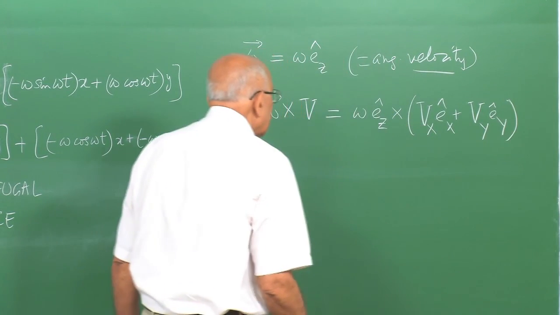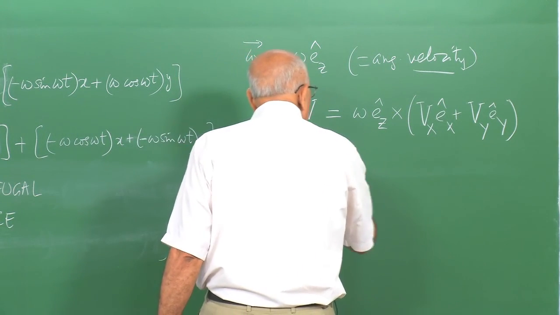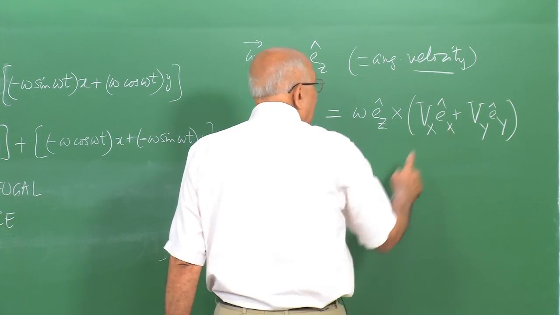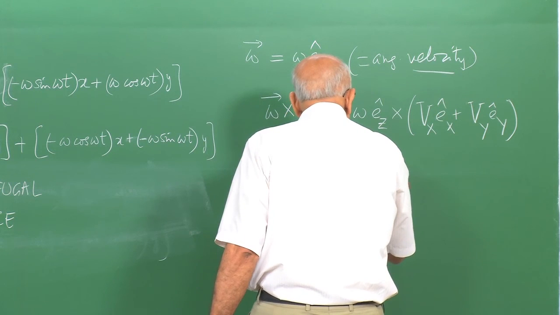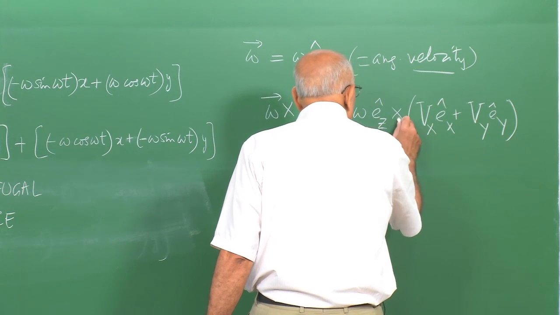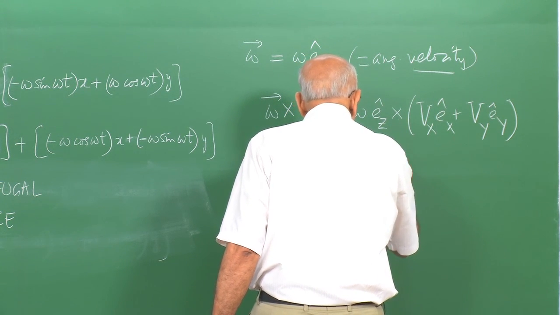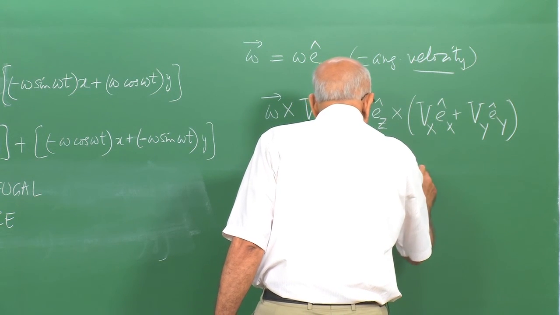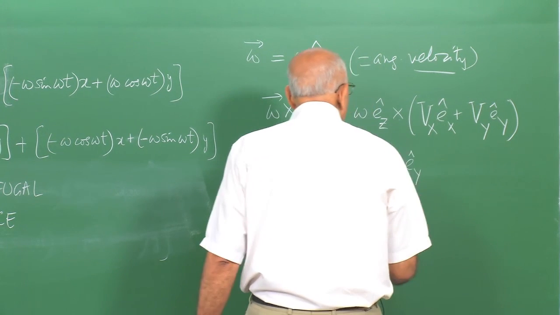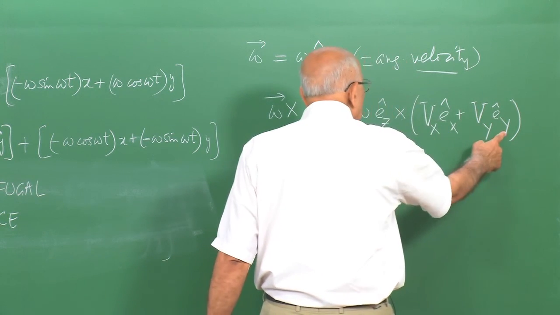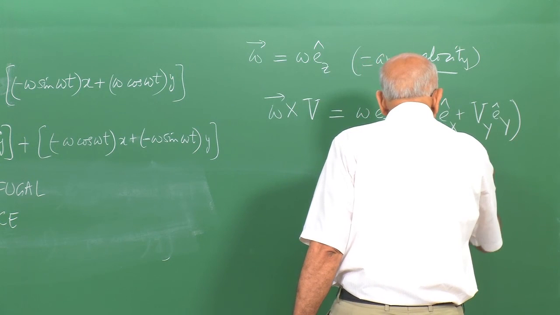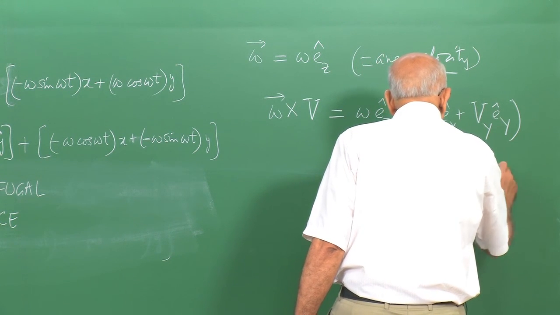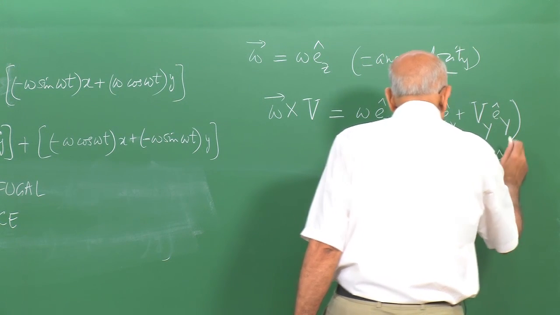And this quantity is equal to Ez cross Ex is plus Ey, so it is omega Vx Ey, this is a cross product, and then Ez cross Ey is minus Ex, so minus omega Vy Ex in this fashion.